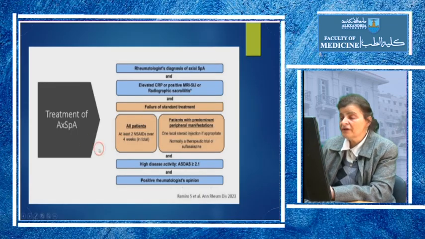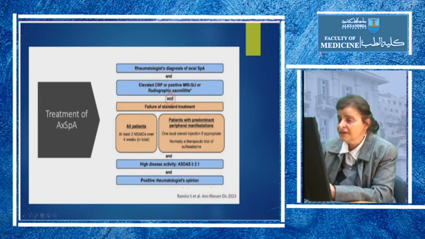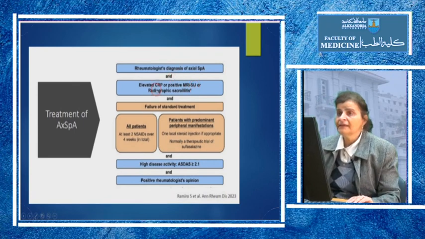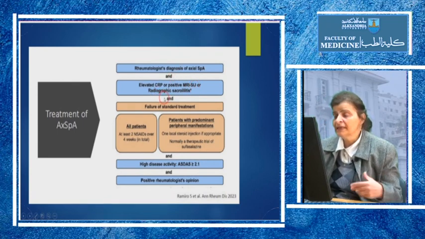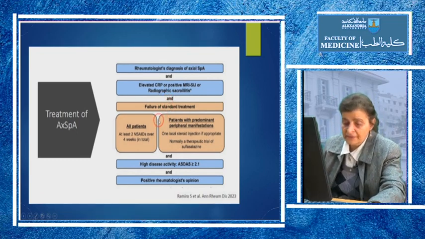This is just an algorithm that has been put forward to us, how we look upon the treatment of spondyloarthritis. Always we need, as I said, a diagnosis put forward by a rheumatologist, and if we have an elevated CRP and a positive MRI of the sacroiliac joint, then we proceed and we give the non-steroidal anti-inflammatory drugs.